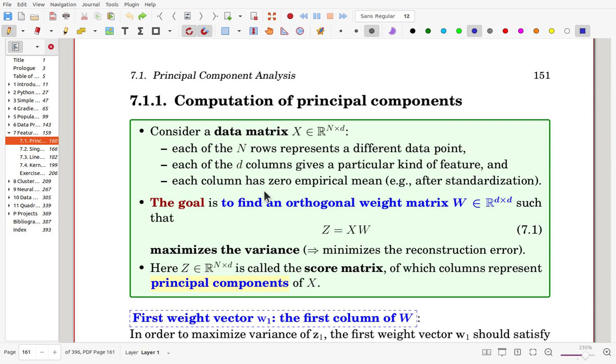In PCA, the goal is to find an orthogonal transformation matrix W in d by d dimensions such that the transformed matrix maximizes the variance. That means that we'll try to find vectors in this matrix so that we extract a maximum variance for each weight vector, so that later the reconstruction error is minimized.